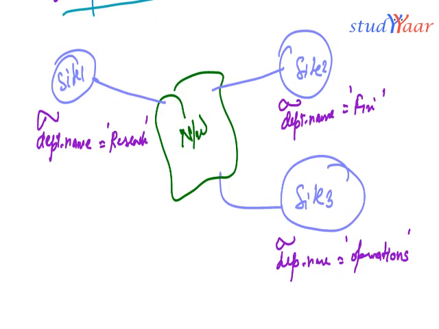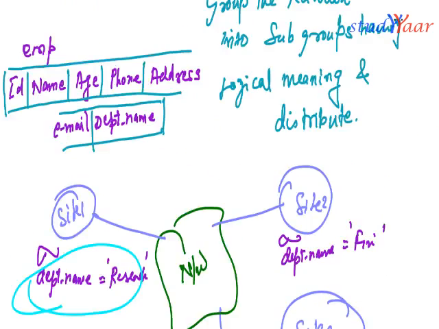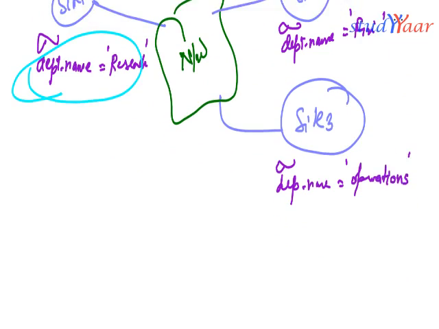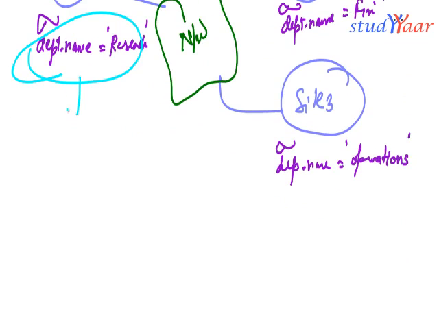Now this condition on the basis of which I do the fragmentation, these conditions are known as guard conditions. I'm just going to write it down over here, guard conditions.